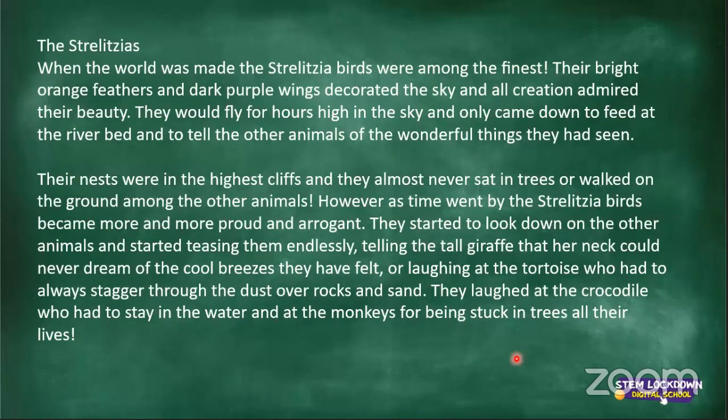They started to look down on the other animals and started teasing them endlessly, telling the tall giraffe that her neck could never dream of the cool breezes they have felt, or laughing at the tortoise who had to always stagger through the dust over rocks and sand. They laughed at the crocodile who had to stay in the water, and at the monkeys for being stuck in trees all their lives.